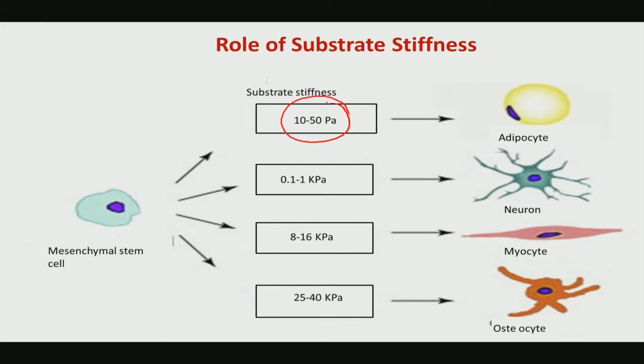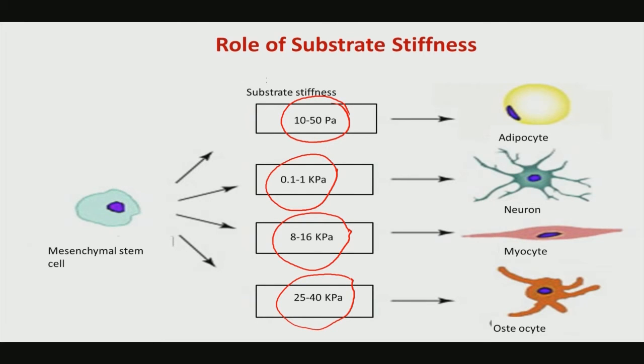Other substrates had a stiffness of 0.1 to 1 kilopascal. They also used substrates of 8 to 16 kilopascal, and another set of 25 to 40 kilopascal.